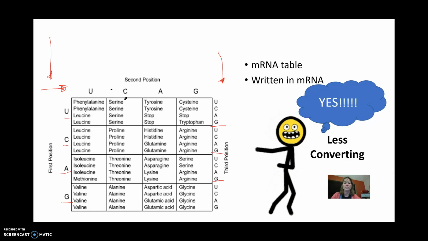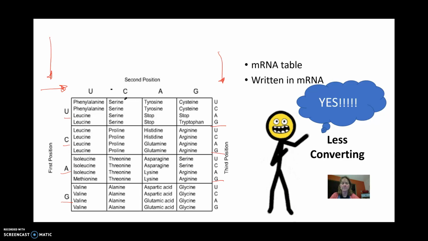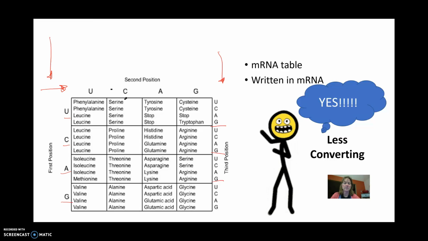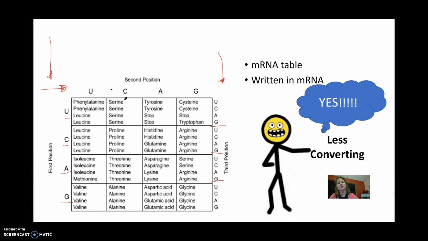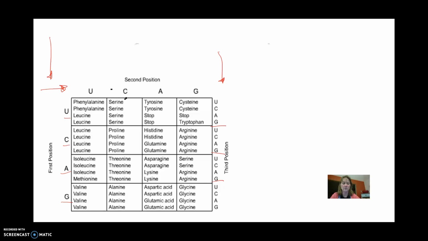Because this information is written in messenger RNA, we only need to go from DNA into messenger RNA, and then we can go straight to the table. Let's take a look at a strand. This is written in messenger RNA.